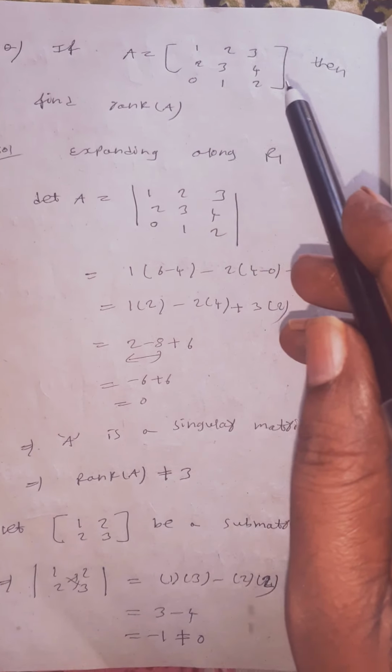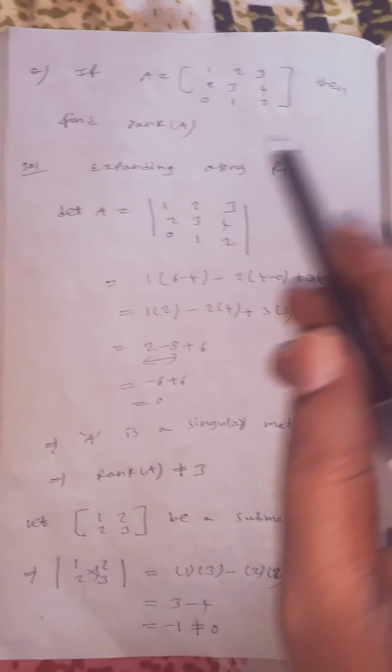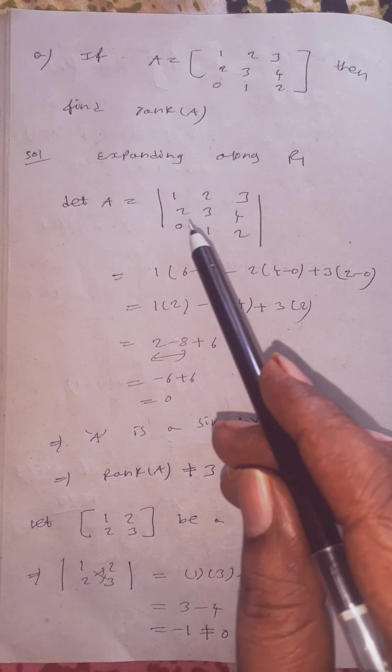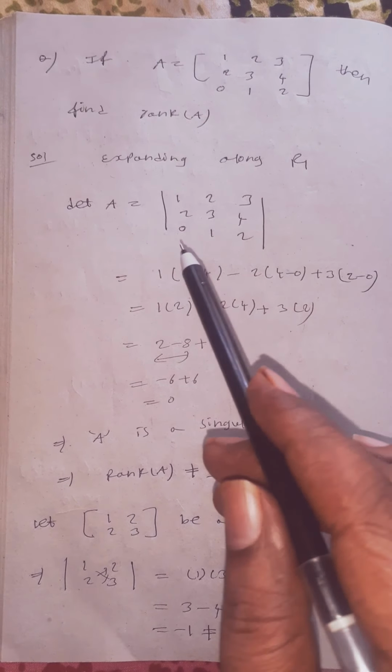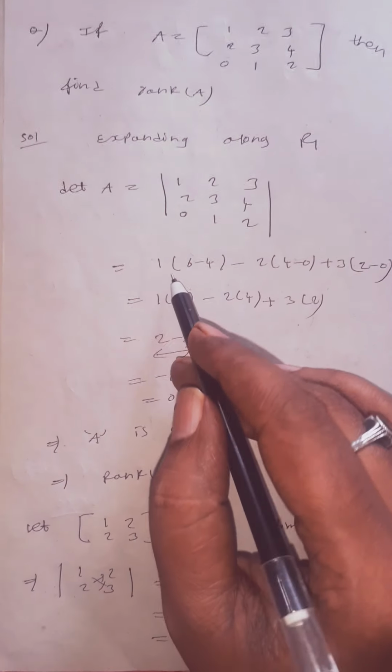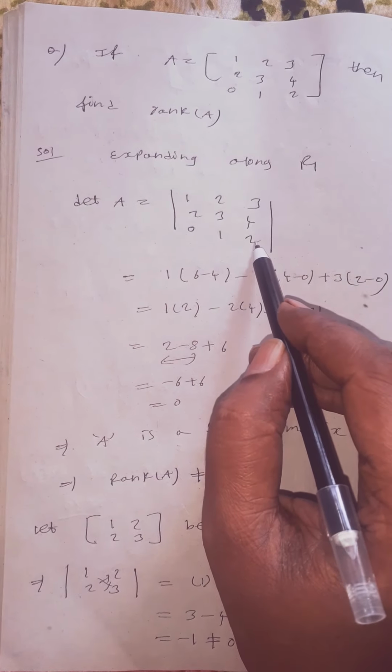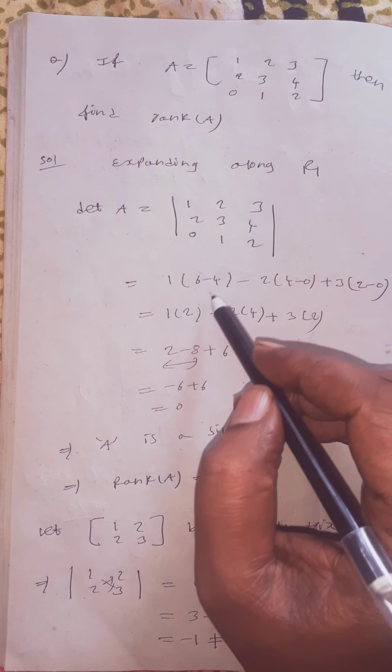Next, if A is equal to [1 2 3; 2 3 4; 0 1 2], then find rank of A. So determinant of A is equal to this. Expand along R1. So 1 into (3 into 2 is 6, minus 1 into 4 is 4).